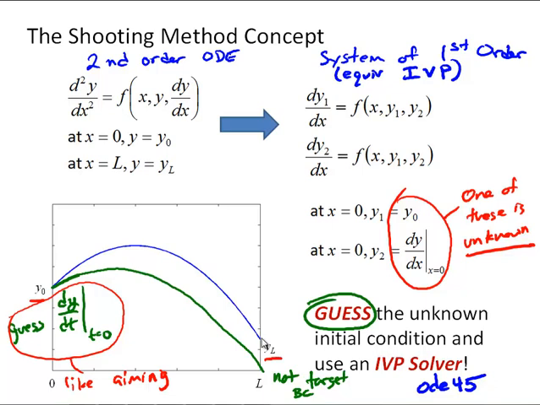The next step of the shooting method is coming up with an intelligent way to keep improving our guesses so that we can hit that target. We'll call that our target boundary condition.